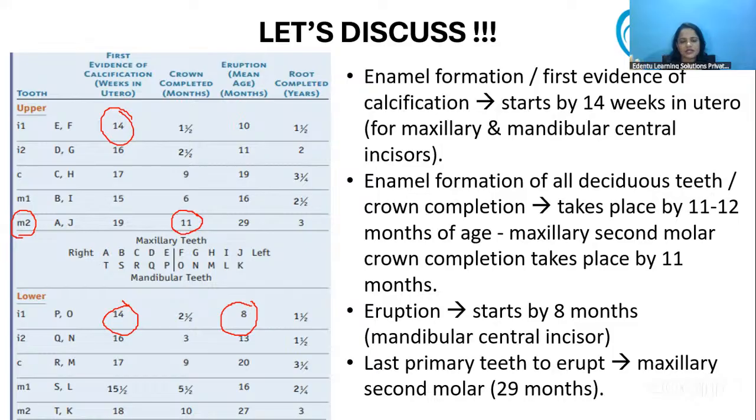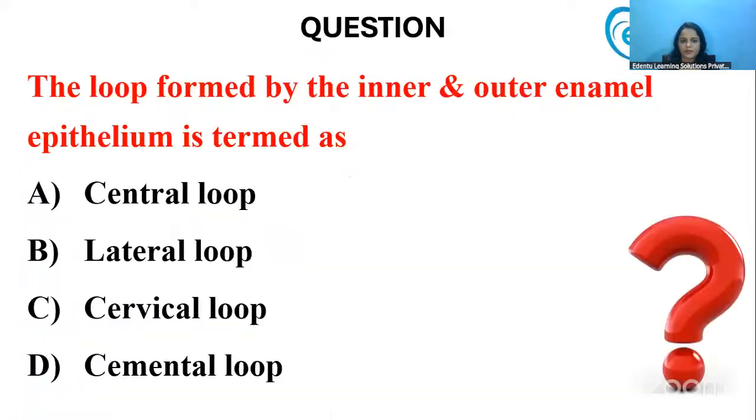Since it is the last one to finish the crown completion, definitely it will be the last one to erupt. So this is regarding the chronology of the primary dentition. Both the primary and the permanent dentition are important, so have a look at it. When the crown completion is happening, when is the first evidence of calcification, when is the eruption happening, all those you should definitely remember.